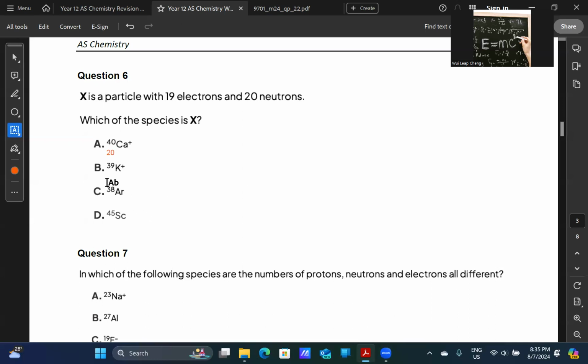Okay, let me fill in the atomic number to every question here. You can find the proton number or atomic number from the periodic table.